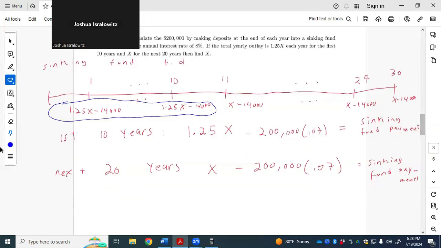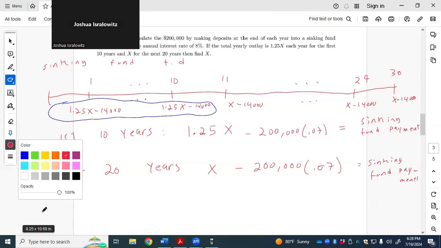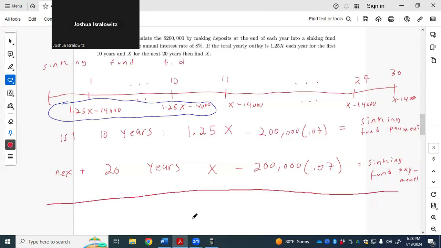Okay. So this time diagram has to accumulate to 200,000 after 30 years. That's kind of the whole point. Let's do the first 10 years: 1.25x minus 14,000.